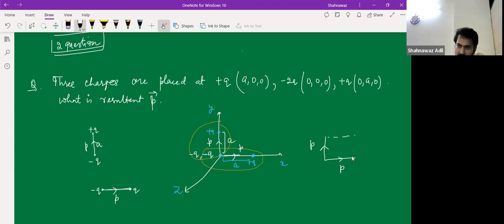By the parallelogram law, this would be the resultant. The magnitude of the resultant, let me write it as p prime, would be root of p square plus p square, so 2p square. So root 2 p.